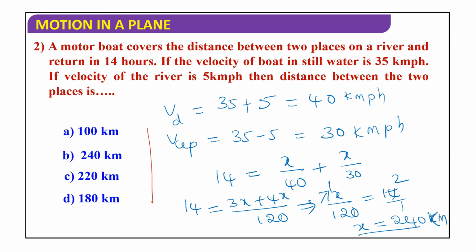So this is the distance between the two places. Therefore, x equals 240 kilometers. So which one is correct? Option B is correct.